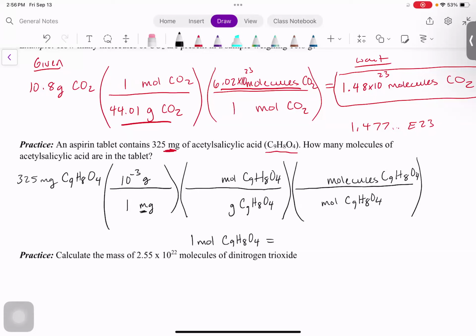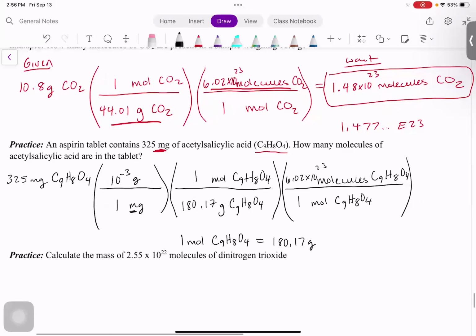I get 180.17 grams. And that's my molar mass. So 1 mole of acetylsalicylic acid has a mass of 180.17 grams. And 1 mole by definition is 6.02 times 10 to the 23rd molecules. So that is it for my setup.